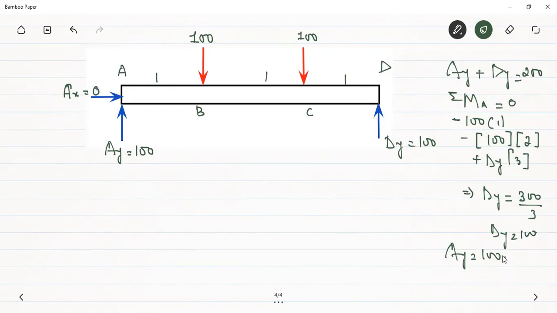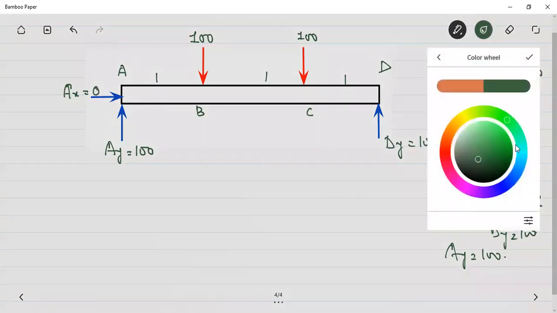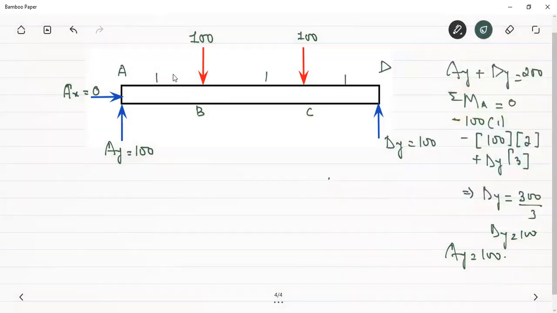So now to find the shear force at any section, what I am going to do here is I will take a section. Suppose I am taking a section in between A and B. At some distance x from this free end, from this end A, I have taken a section XX. I want to see what is the shear force at this section.